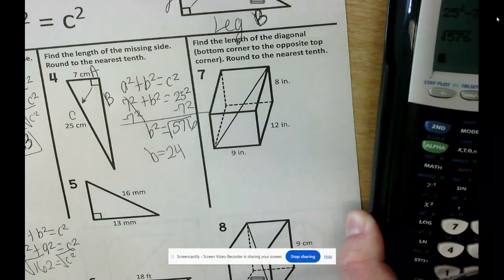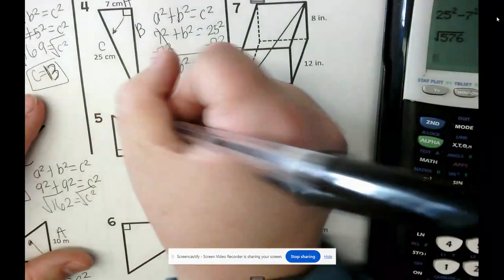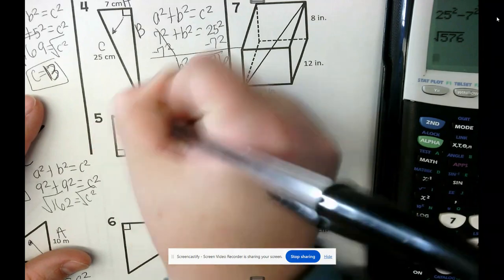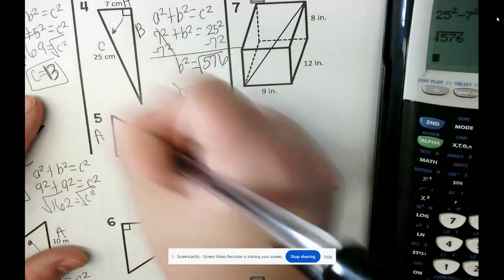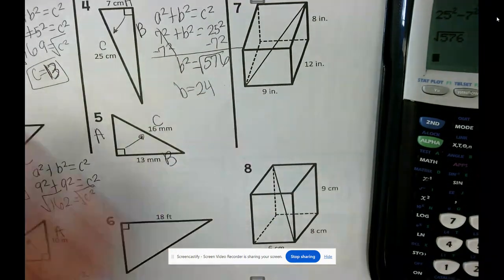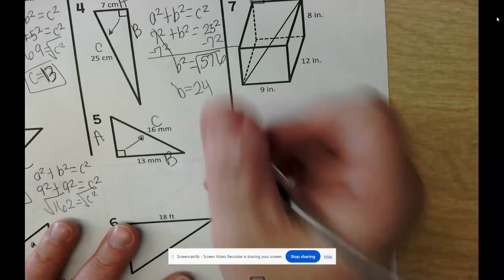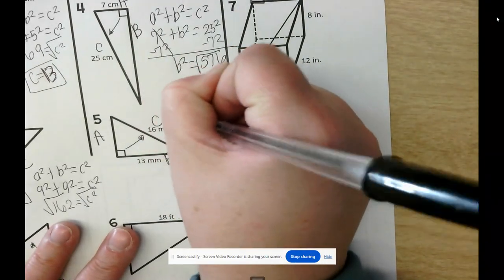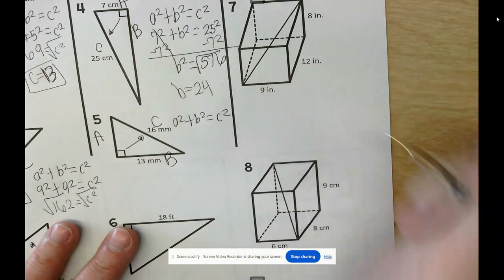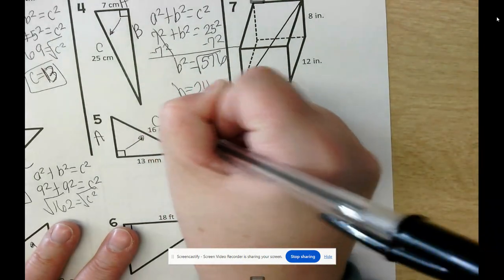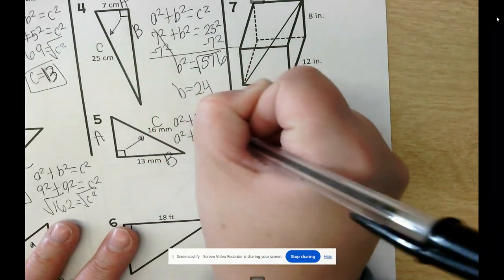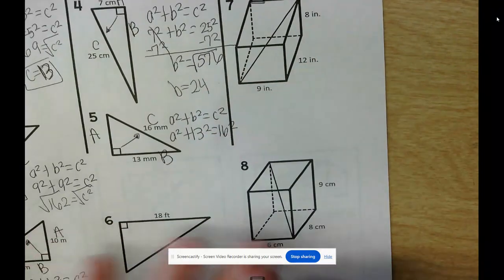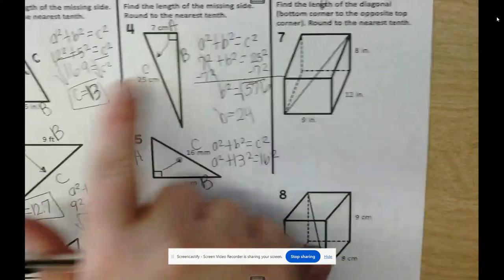Number 5. So let's label. There's my hypotenuse, so my C. We have A and B. And again, it doesn't matter what you label A and what you label B, because we'll solve it the exact same way. So we'll plug everything in. This time I'm going to solve for A. When we're looking for C, we add.